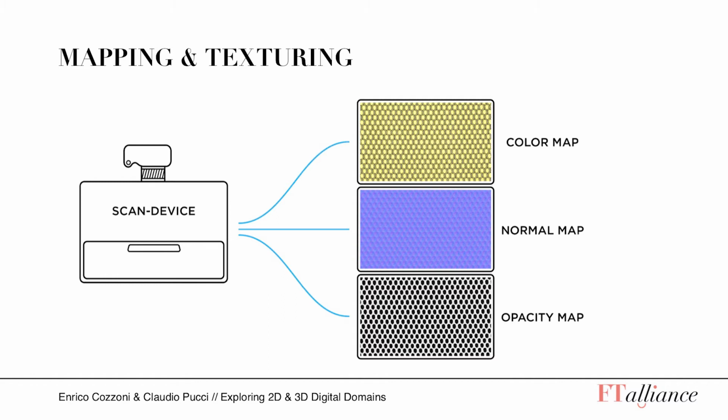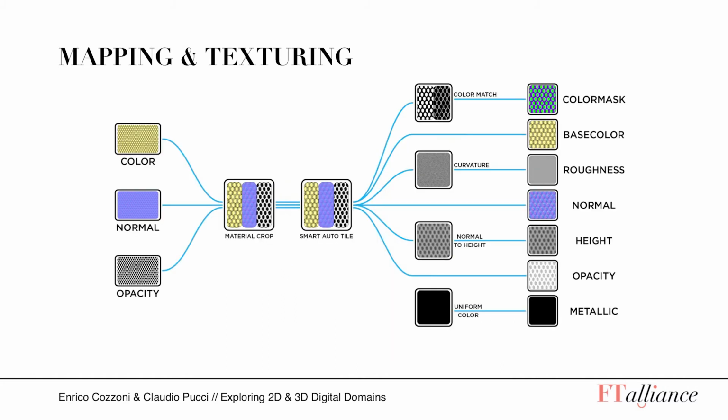This set of basic maps of the material can be successfully modified and mixed to generate a larger set of maps that can be used also for generating new material or for changing the properties of the material from which we start.